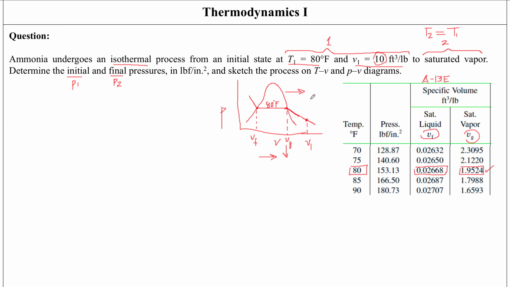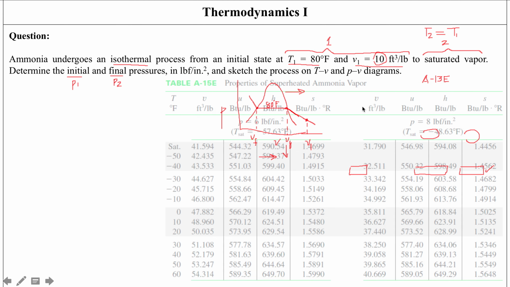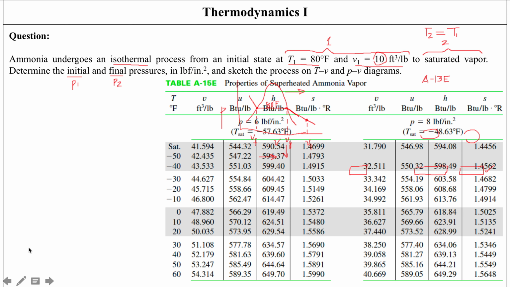So ammonia is in the form of a superheated vapor because the given specific volume is greater than Vg. Okay, so that means you've got to use a different table now, and that is table A15E, which is going to give you the properties for superheated ammonia.